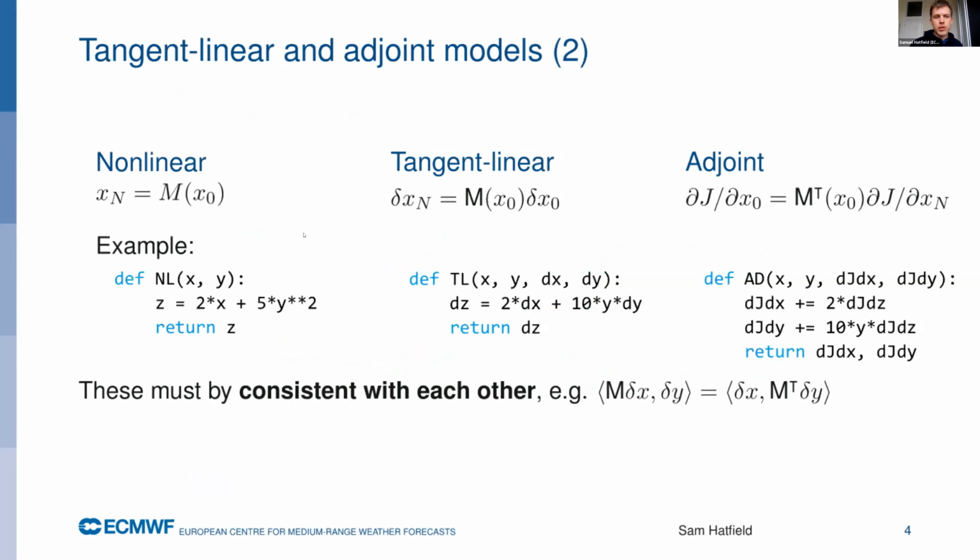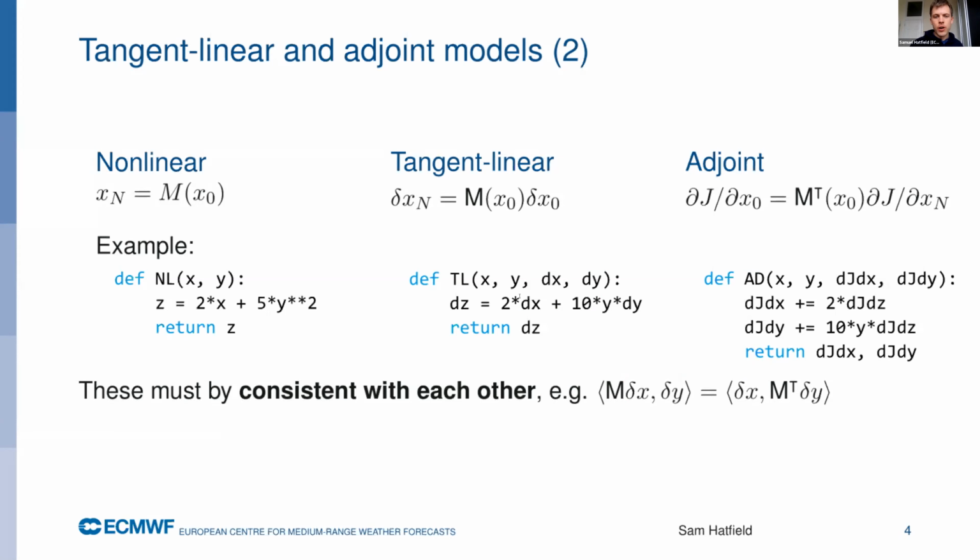So these 3 models look something like this. If the nonlinear model is represented as this nonlinear operator applied to the initial state vector, then the tangent linear model is basically a Jacobian of that operator evaluated about x0, and the adjoint is the transpose of that Jacobian. So this is what it looks like mathematically, and in code, this is some pseudocode showing you what TL and AD code would look like.